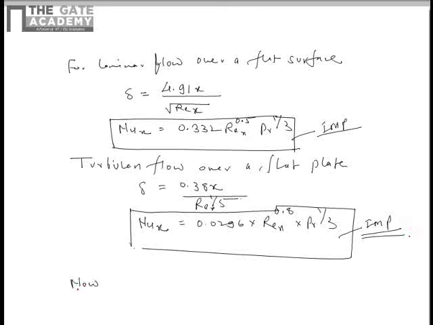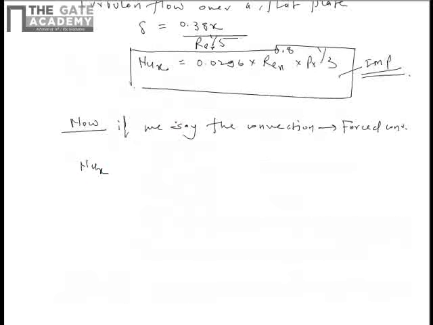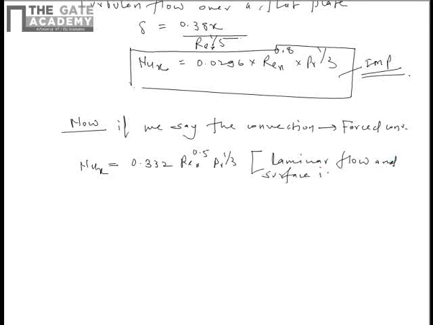Now, if the convection is of forced type, then the Nusselt number Nu at x is given as 0.332 Reynolds number to the power 0.5 into Prandtl to the power 1 by 3 if the flow is laminar and surface is at uniform temperature.